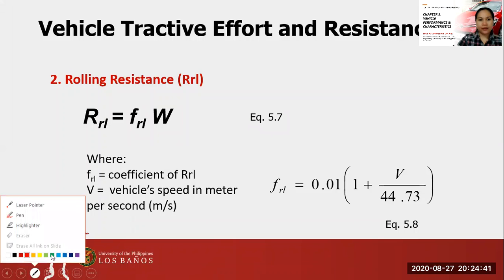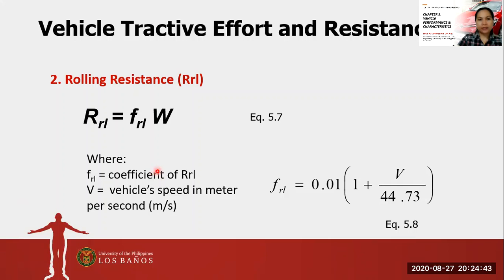F here can be determined using this formula, which is a function of the vehicle speed V in meters per second.